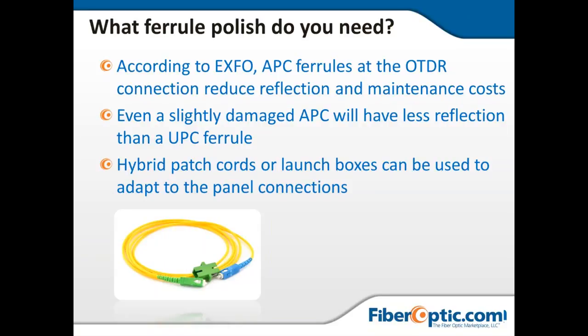One of the other factors is the ferrule. When you're looking at your OTDR, you need to make sure that the ferrule that you're connecting against is appropriately polished. So in this picture here, we have a hybrid jumper, which is going from an SC APC, which is green, to an SC UPC, which is blue.